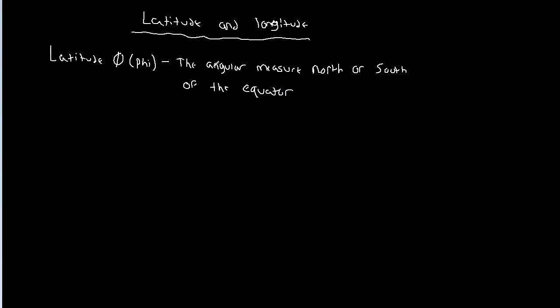If you don't fully know what angular measure is and what the equator is, we'll talk about those in just a second. I just want to get these two terms put out there. So latitude is measured in phi.